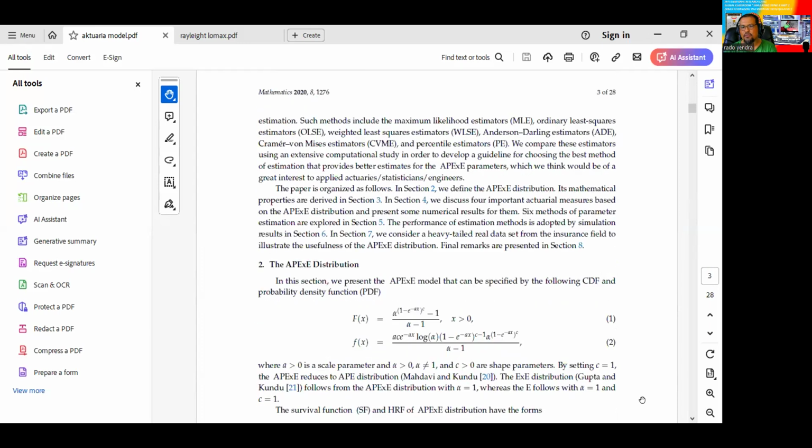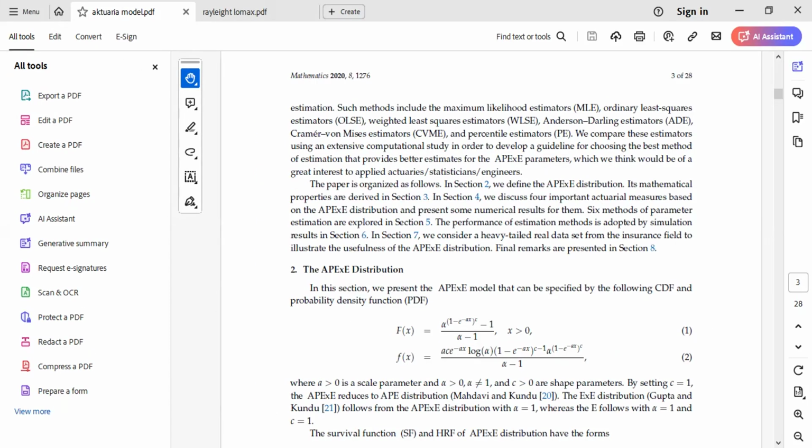In equation 2, there is a density function with 3 parameters, alpha, C, and A. And then we can find the cumulative distribution function, or distribution function, in equation 1. Based on equation 1, we can find the quantile function.